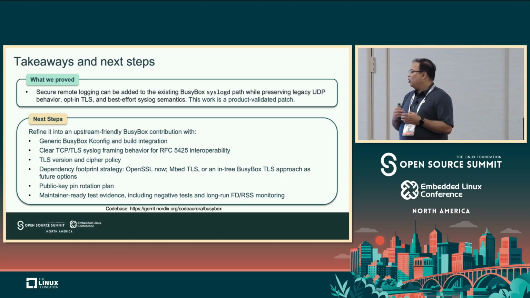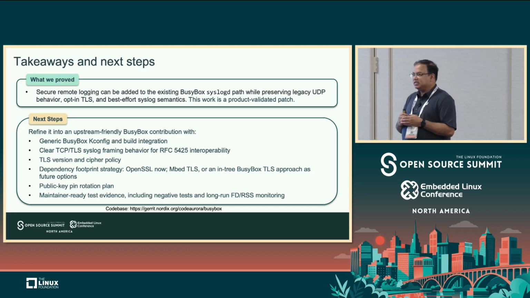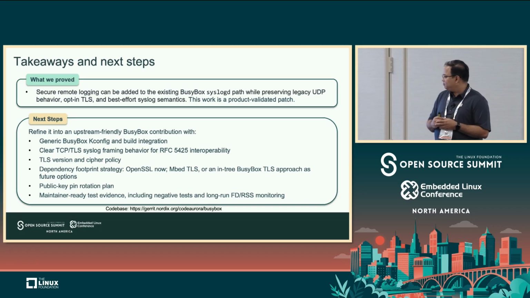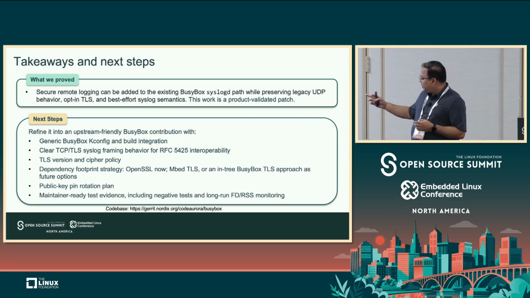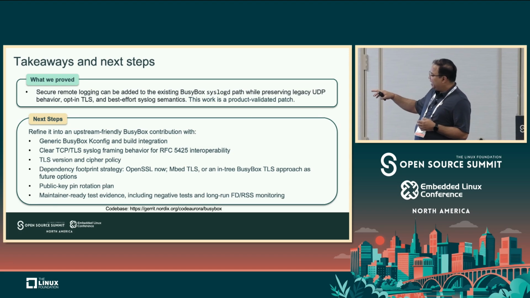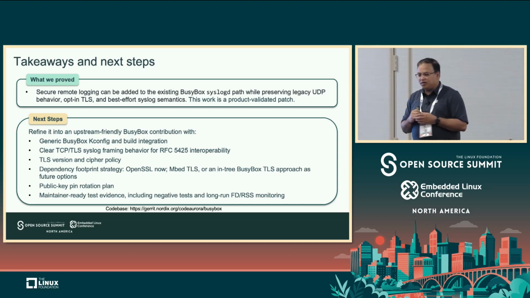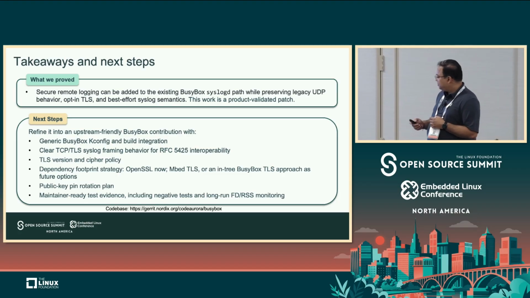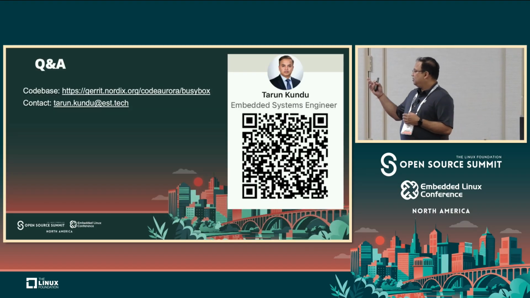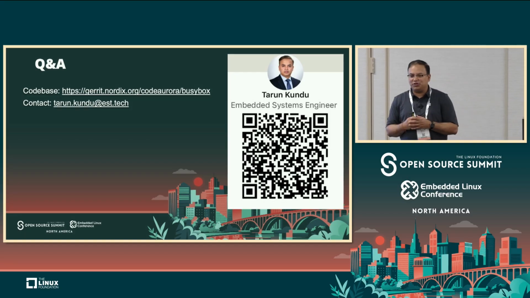And then we want to provide all the maintainer-ready test evidence, including the negative tests as well as the long run test. The entire code base is already present on the Nordic site with the BusyBox repo link. You can contact me if you have anything, and I'm open to questions, if any.